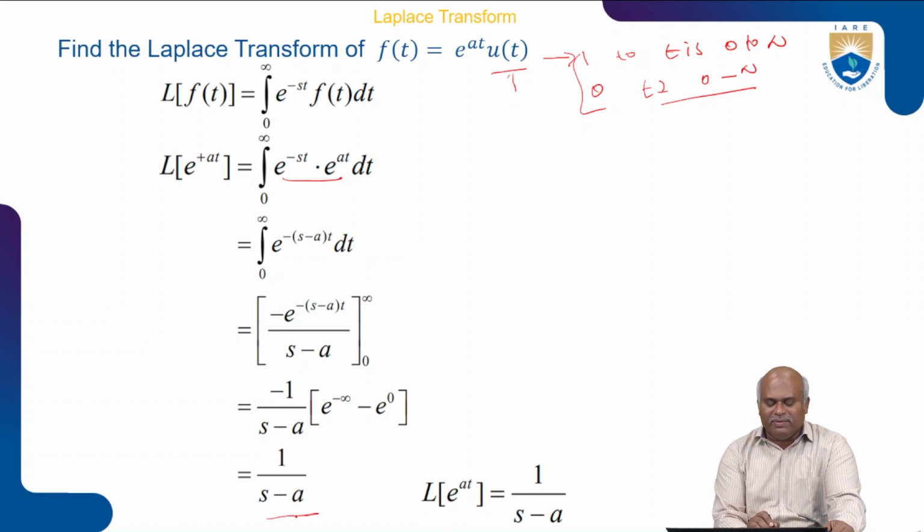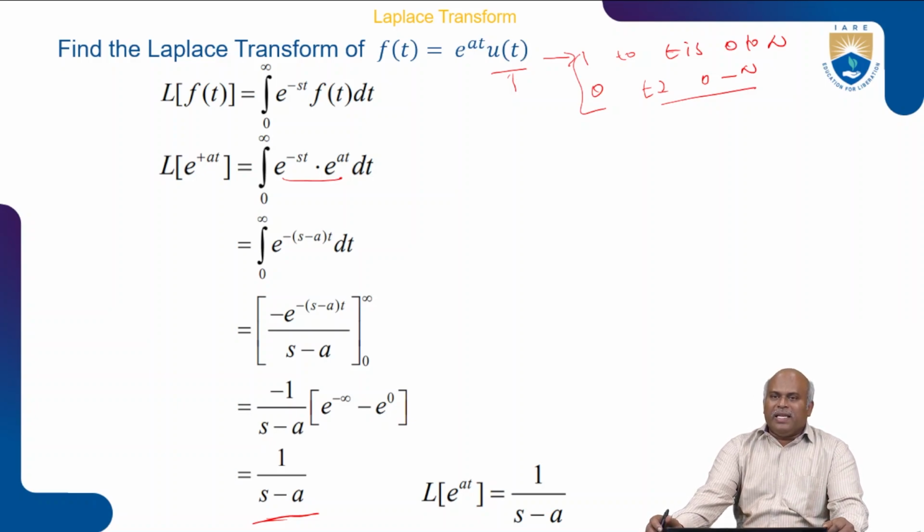After simplification we get 1 by s minus a. The Laplace transform of e power at is equal to 1 by s minus a.